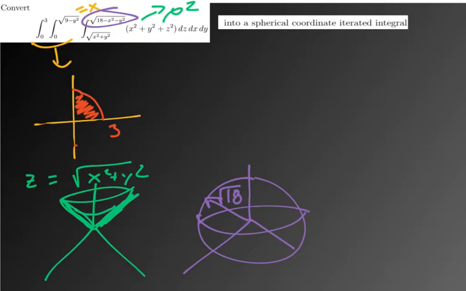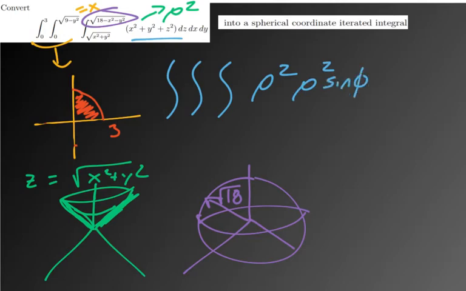So that is basically enough to put this into spherical. We're going to have a rho squared from this part. We have to have a rho squared sine phi, that's coming up in the dV when you convert to spherical. And then we'll have a d rho, d theta, d phi, okay?